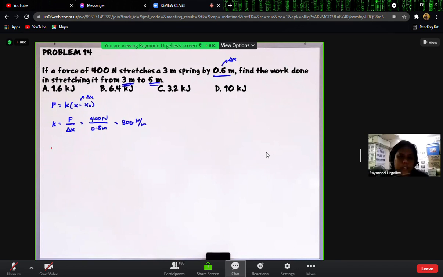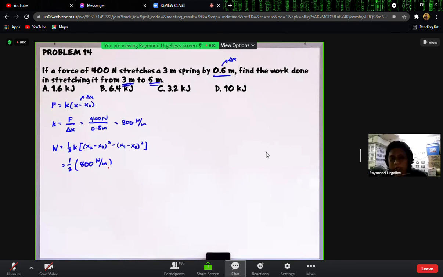Then find the work done in stretching it from 3 meters to 5 meters. Again, the direct formula for the work done is 1/2 k multiplied by x2 minus x sub 0 squared minus x1 minus x sub 0 squared.